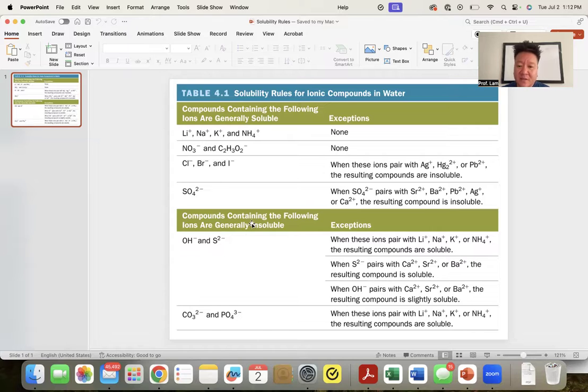If you have a precipitate, which is insoluble, which means that the ionic compound is now back as the crystal lattice, which is the solid state, then you write S next to it. It's as simple as that. I'm going to throw some examples on the board, and we're going to use this chart to determine whether each is soluble or insoluble, and then write AQ for soluble and S for insoluble.